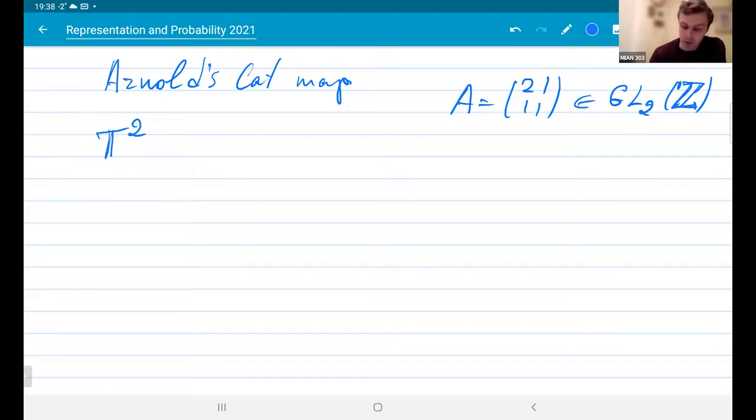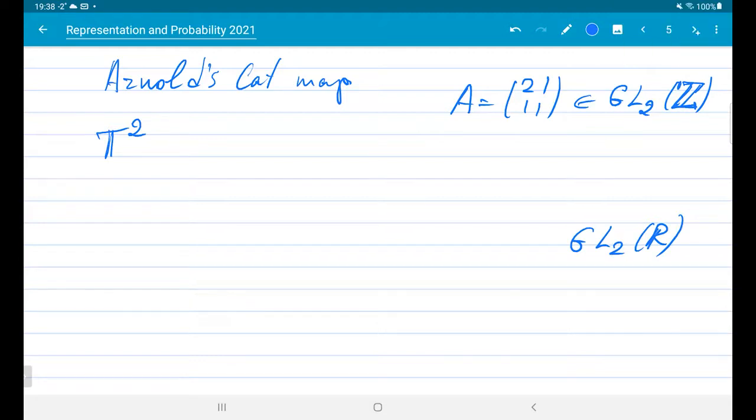Well, what is GL2(R)? We have 2x2 real matrices such that what? Non-zero determinant. Yes, but here is a difference that is negligible in the real case but important in the case of Z. GL2(R) is the set of all invertible matrices.